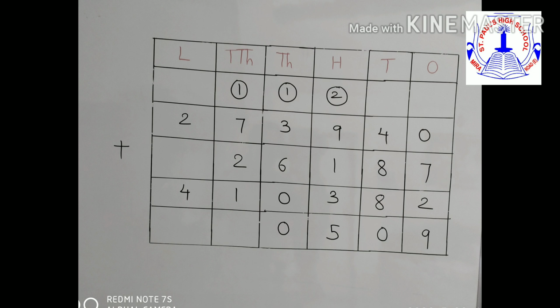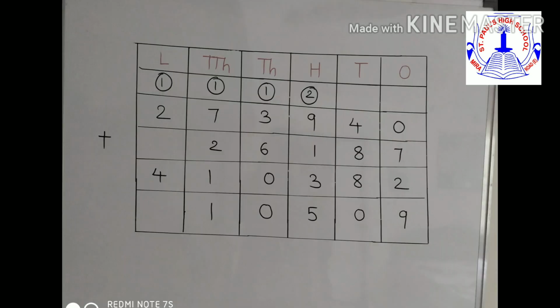Then 1 plus 3 plus 6 plus 0, which is equal to 10. So 0 we will write in the thousands column and 1 we will carry to the 10,000s column. Now add 1 plus 7 plus 2 plus 1, which is equal to 11. So 1 we will write in the 10,000s column and 1 we will carry to the lakh column.